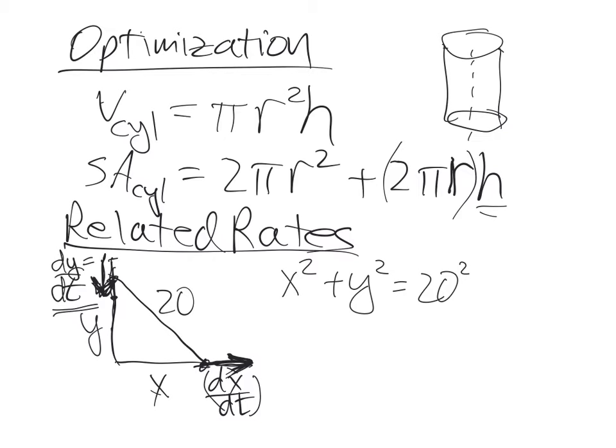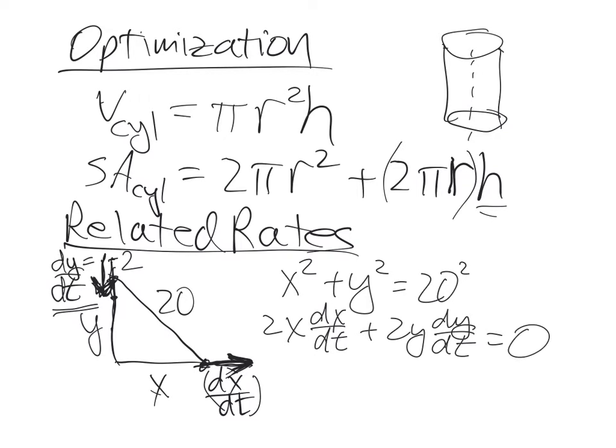So, what would dx by dt be? What would be the rate of the ladder sliding along the ground? We'd first have to do this, and we would know this. We're looking for this. Now, we would need a little more information.